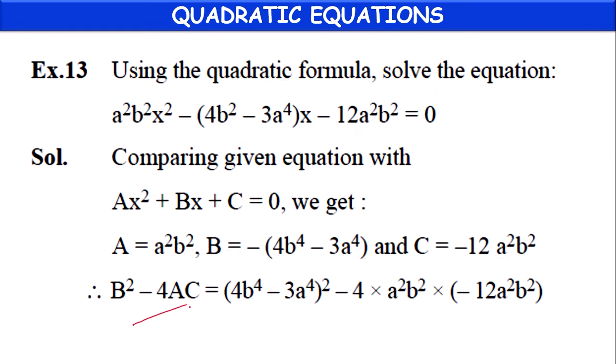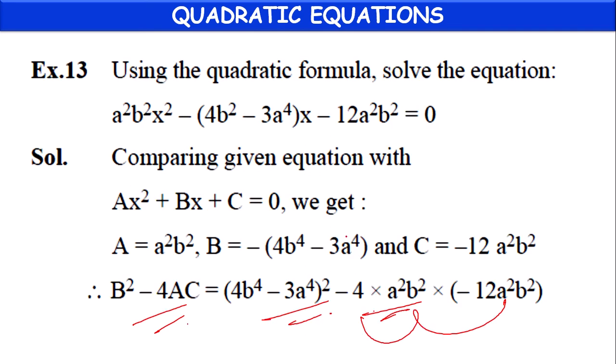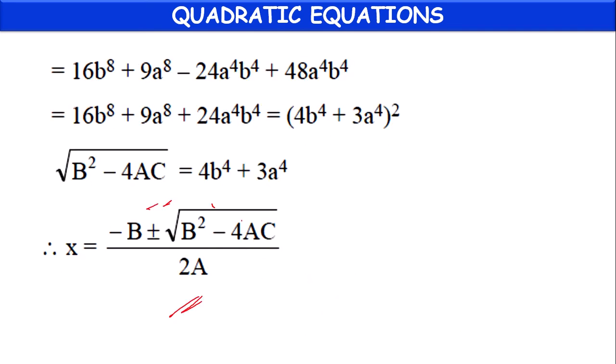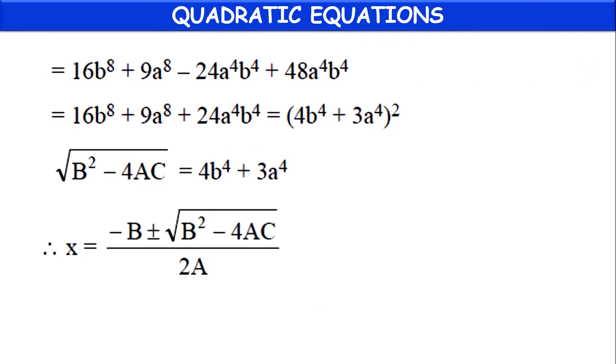If you calculate b square minus 4ac, this is b square, this is 4 into a into c, where you have to multiply, expand, and simplify. You will get the answer, children. The method is the same, only the calculation part you have to do. That's all. But the method is same.